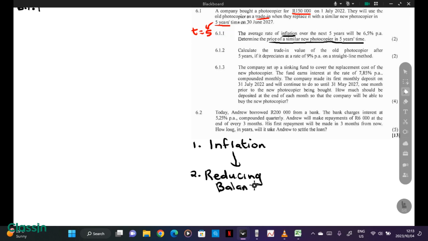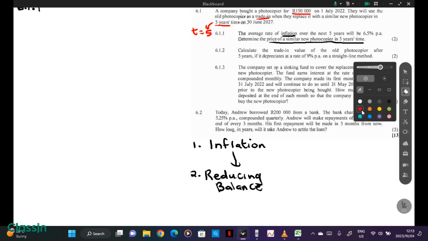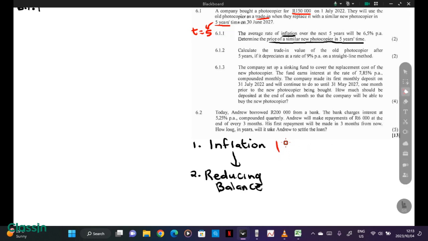If you go through previous papers, you'll notice that in most cases it is either inflation and reducing balance, or reducing balance and inflation. So the examiner will play around with these words. He may start with reducing balance instead, and then the preceding or following question will be about inflation, one after the other.